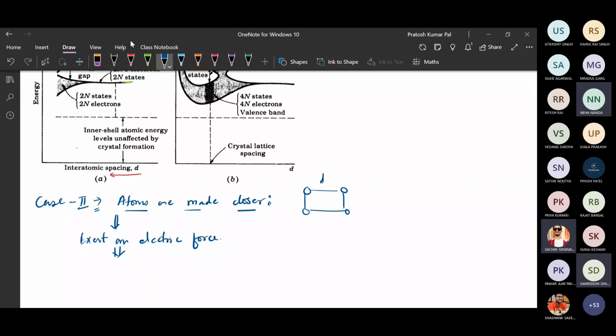So these two atoms, the neighboring atoms, will exert a force on each other. So these atoms will form coupled atoms, that means they will have a close relation. So these two neighboring atoms will be somewhat interacting with some electric force, okay.